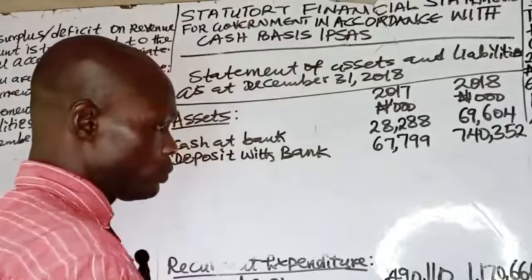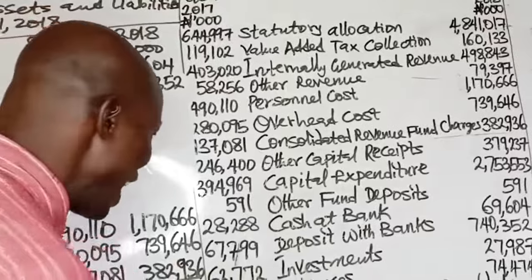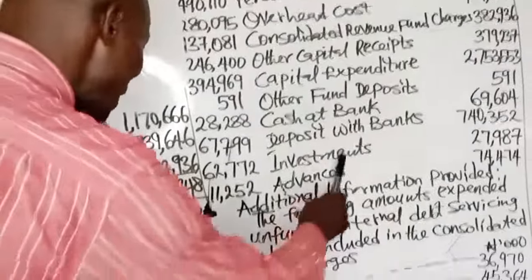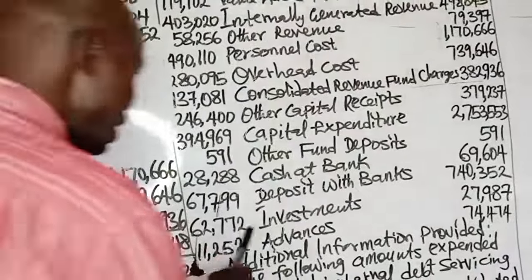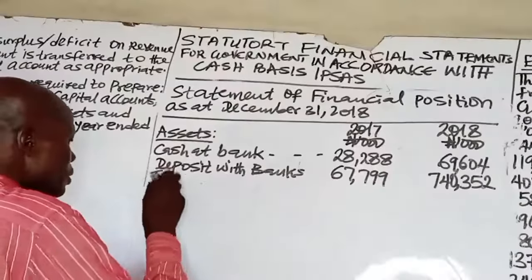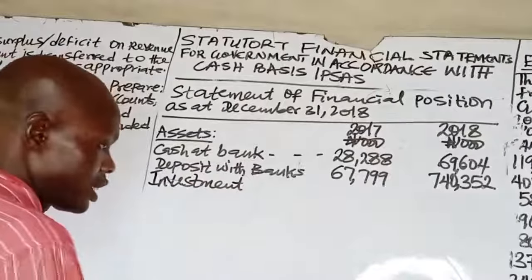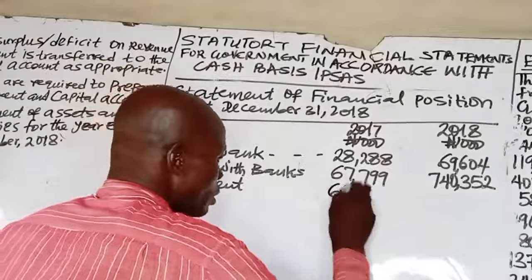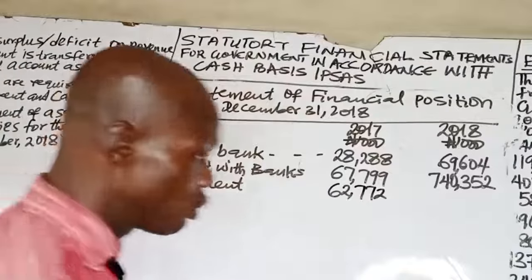Back to the question. You have investments. Investment is an asset. 62,772 for 2017. 2018, we have 27,987.